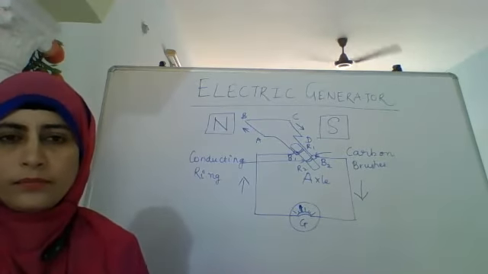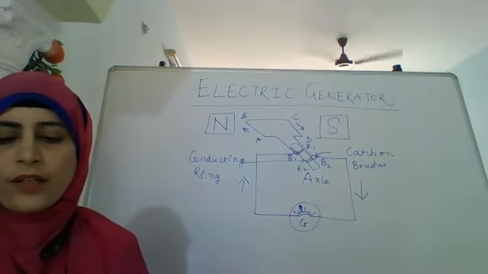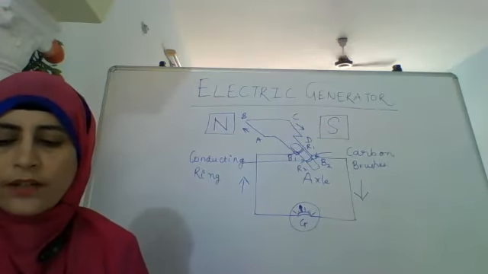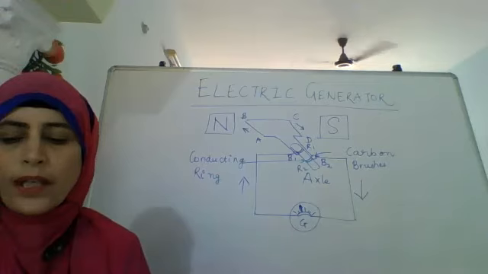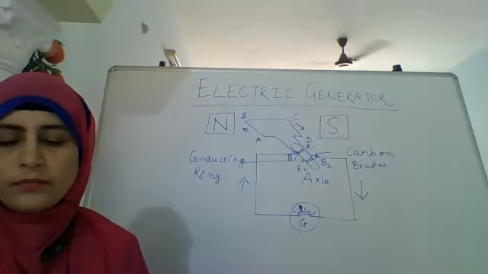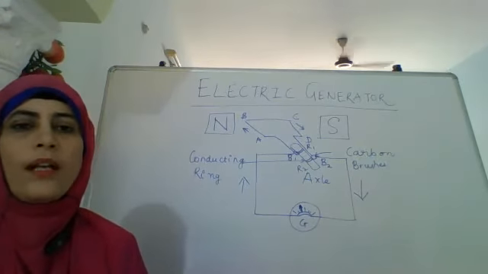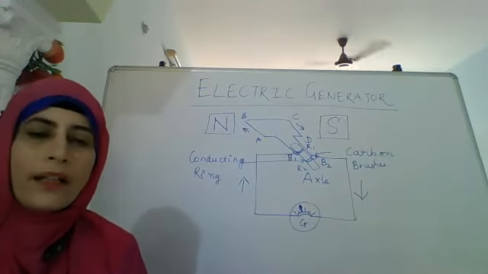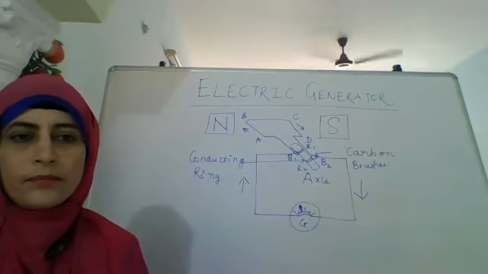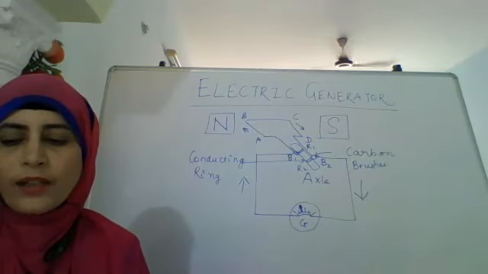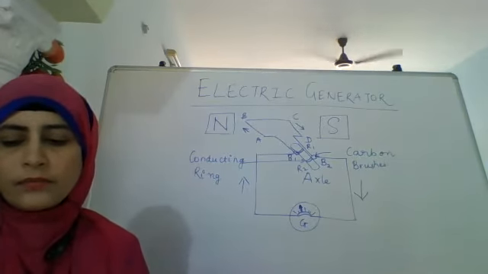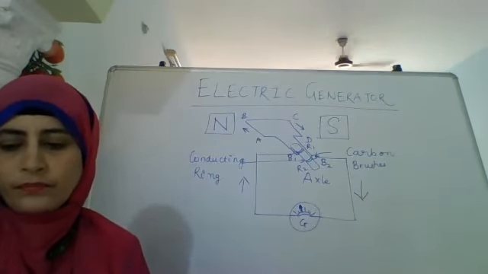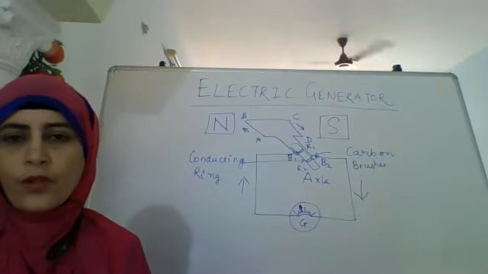When the coil of electric generator rotates in the magnetic field, the magnetic field induces current in this coil. Full stop.